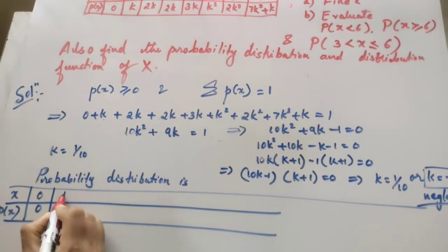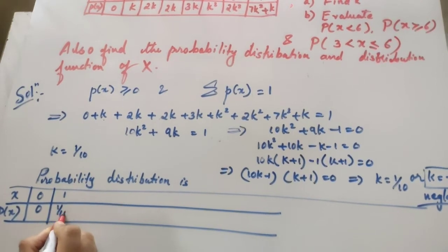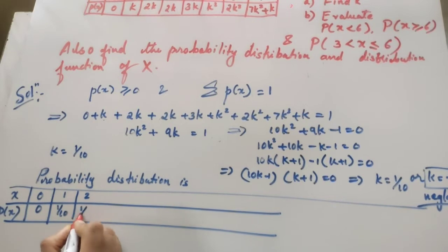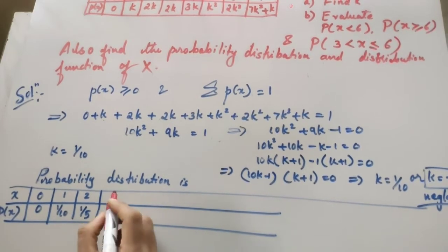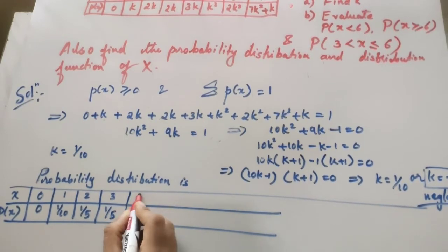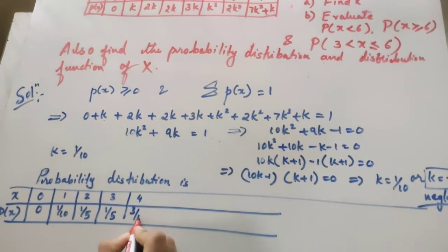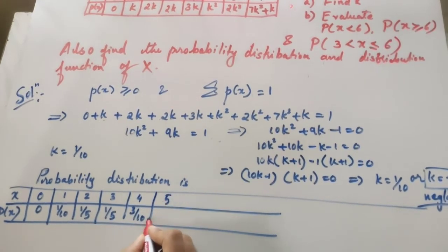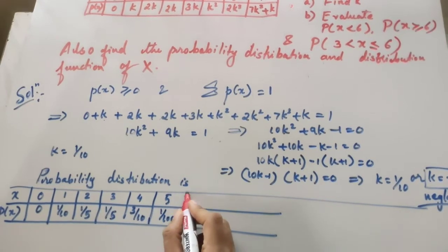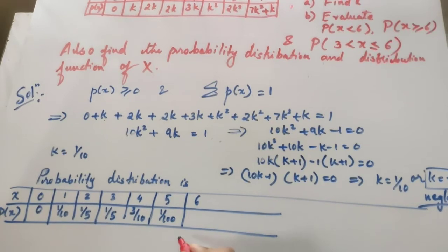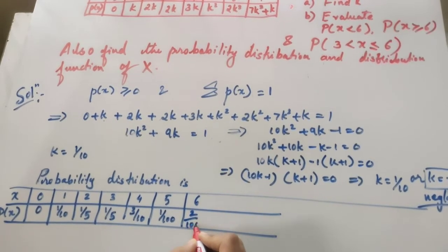When x is 1, k is 1 by 10, so 1 by 10. Next, 2 by 10, which is 1 by 5. Next for 3, 2 by 10, again 1 by 5. For 4, 3 by 10, which cannot be simplified further. For 5, you have k square, which is 1 by 100. For 6, it is 2k square, which is 2 by 100.